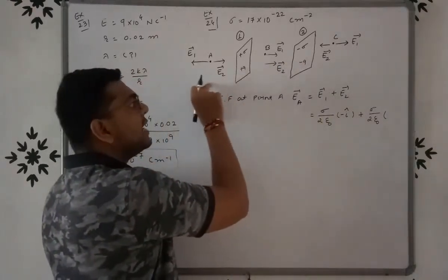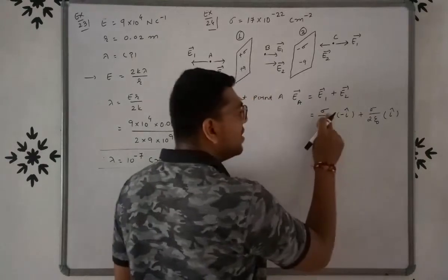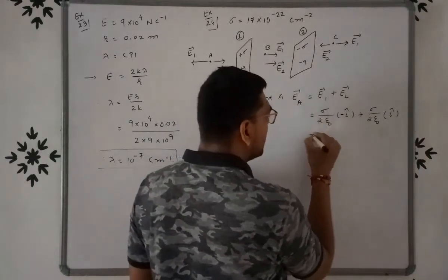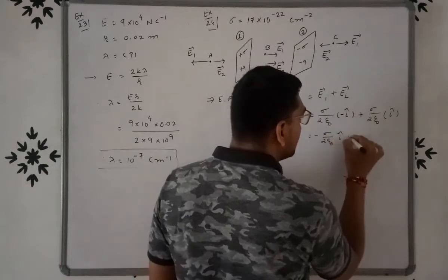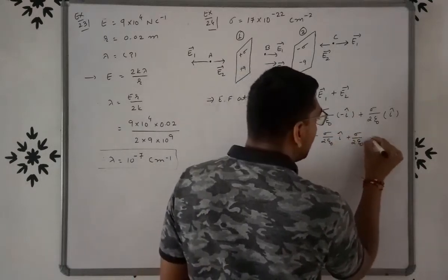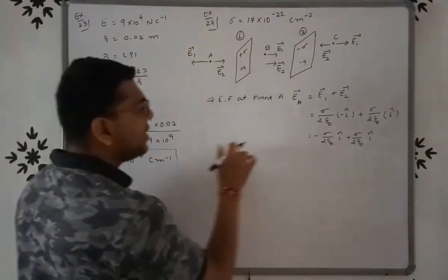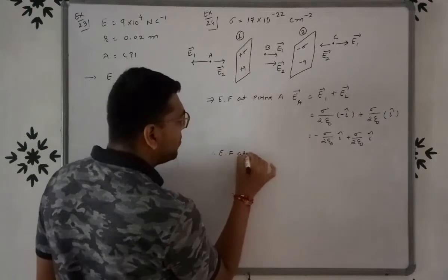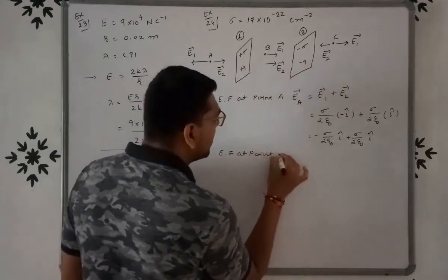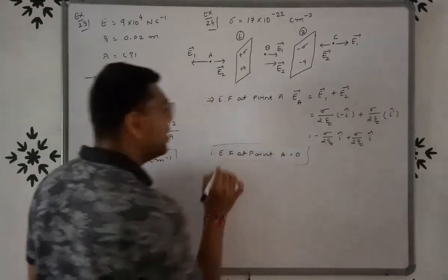Here E2 is right hand side, so i cap. So minus sigma upon 2 epsilon 0 i cap plus sigma upon 2 epsilon 0 i cap. So these cancel, and the electric field at point A is equal to 0.